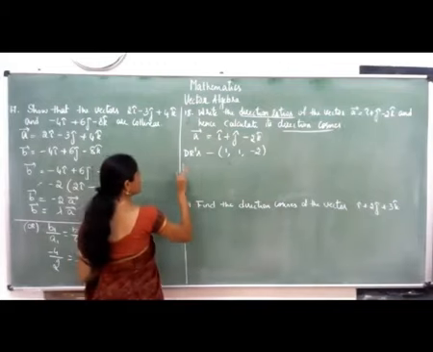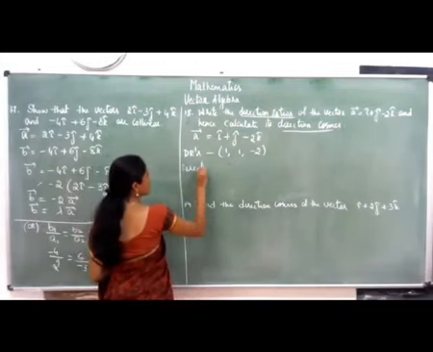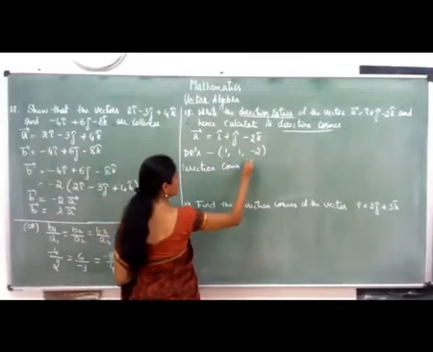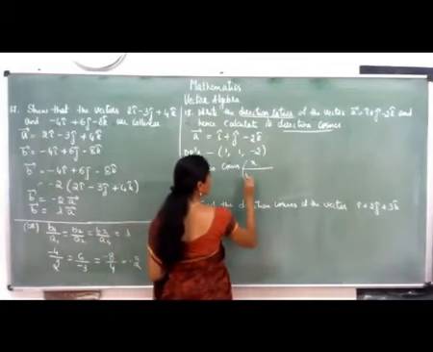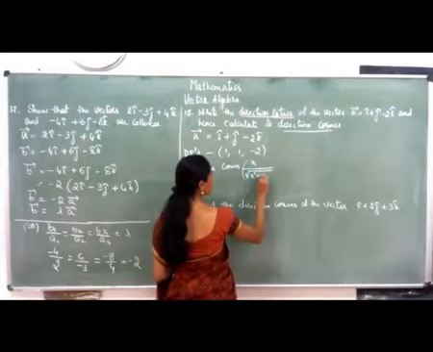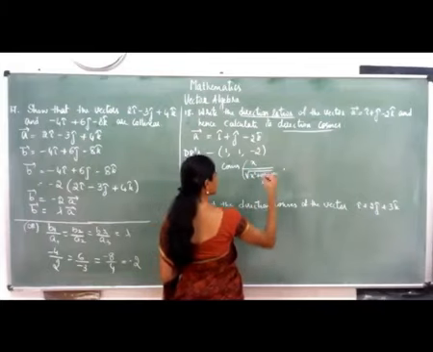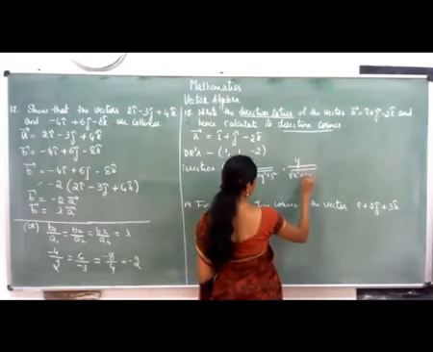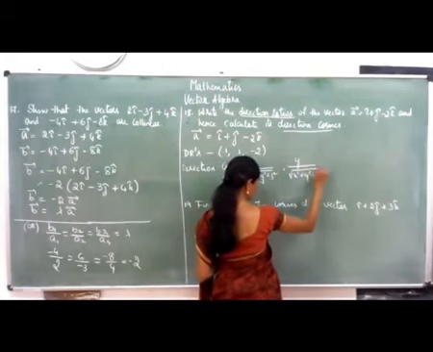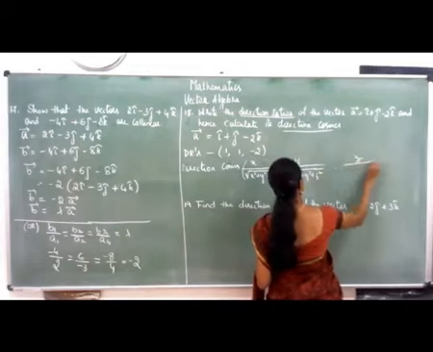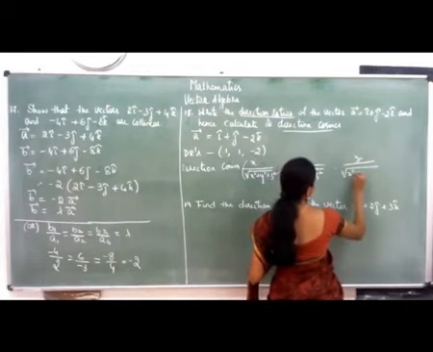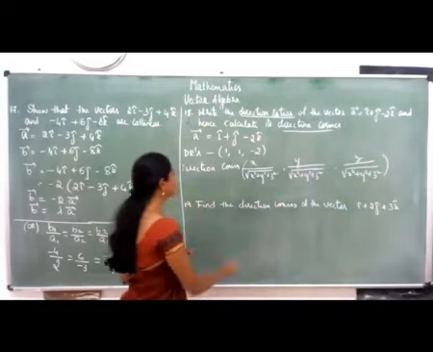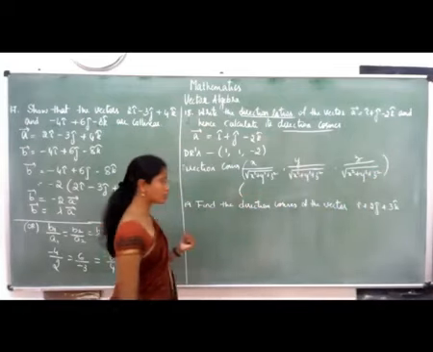Now in order to find its direction cosines, what is the formula here? It is x divided by root of x square plus y square plus z square, y divided by root of x square plus y square plus z square, comma, z divided by root of x square plus y square plus z square. Here, the value of x is 1.